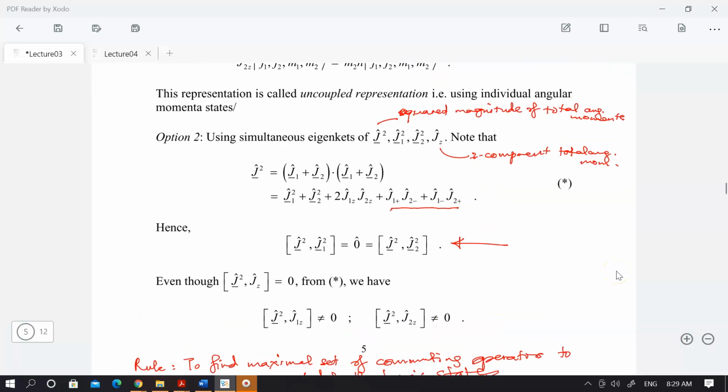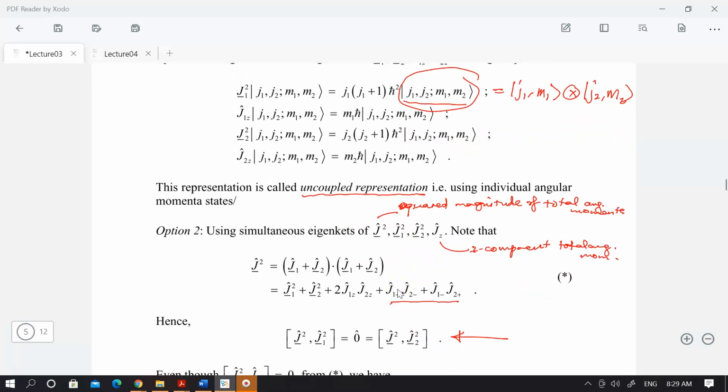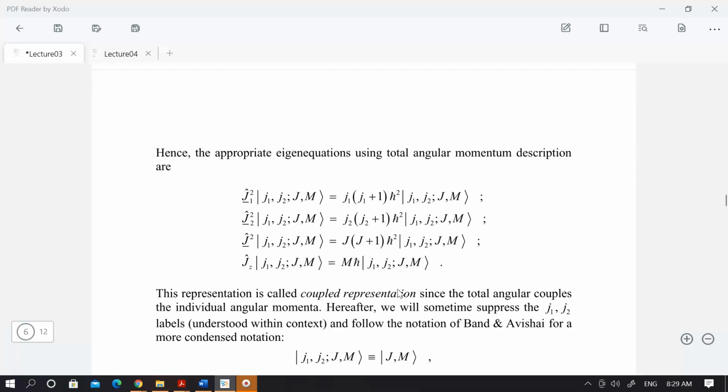I think I should mention something over here which I did not say earlier. These two sets have their names. Option one, which uses the individual angular momenta, is called an uncoupled representation. And option two is called the coupled representation.